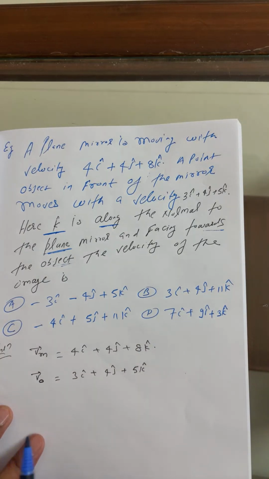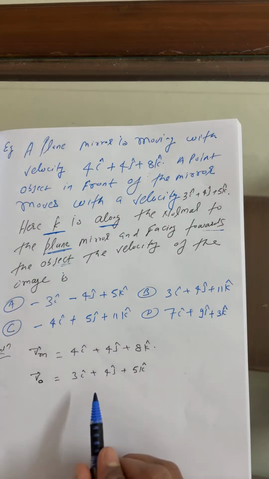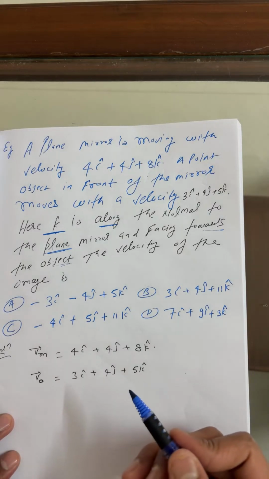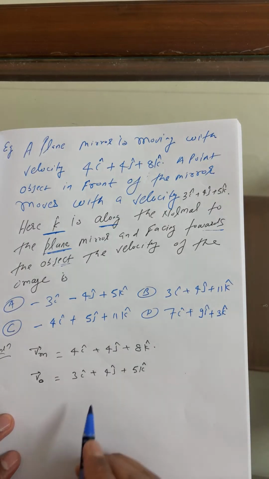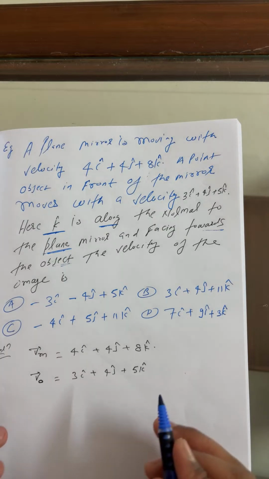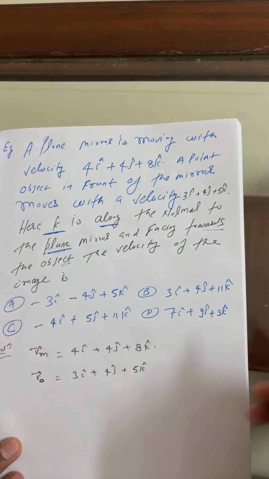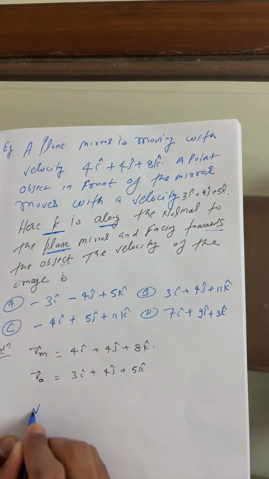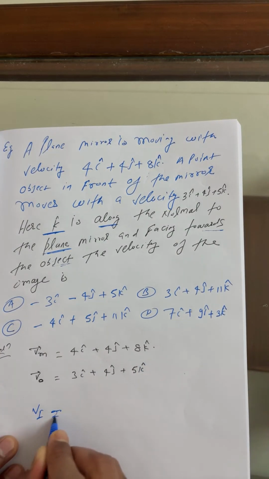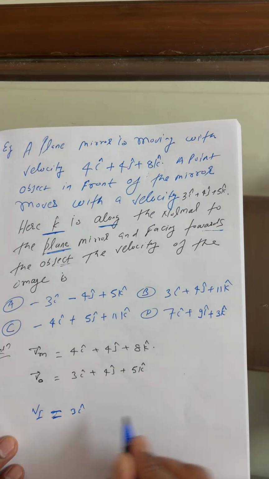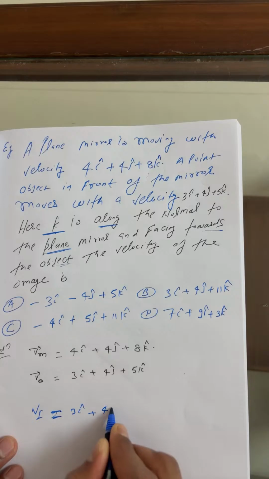Listen carefully for these conditions. The velocity components parallel to the mirror remain the same. So finally, for this condition, the velocity of image is 3 i cap plus 4 j cap.